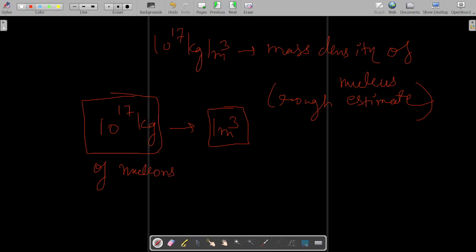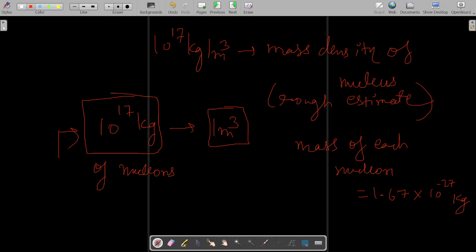Now I know the mass of each nucleon. The mass of each nucleon is equal to 1.67 into 10 to the power minus 27 kg. So we will apply basically the unitary method. 1.67 into 10 to the power minus 27 kg corresponds to 1 nucleon.